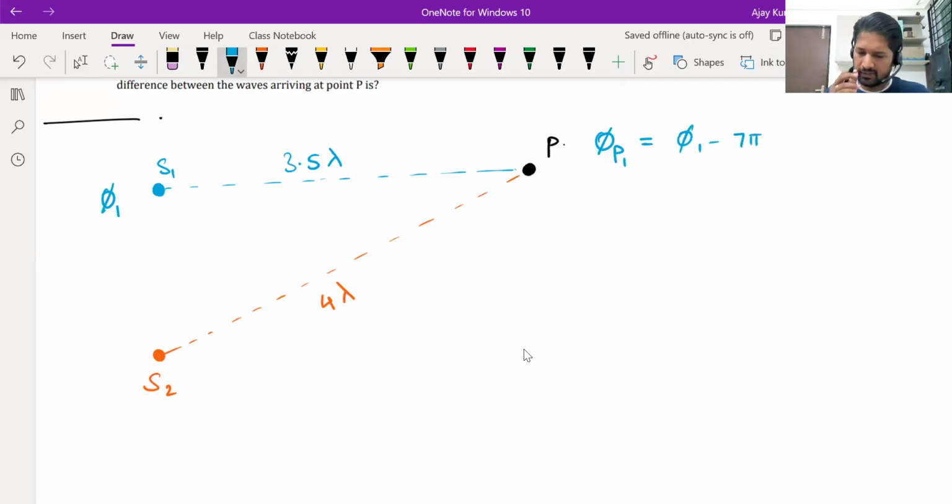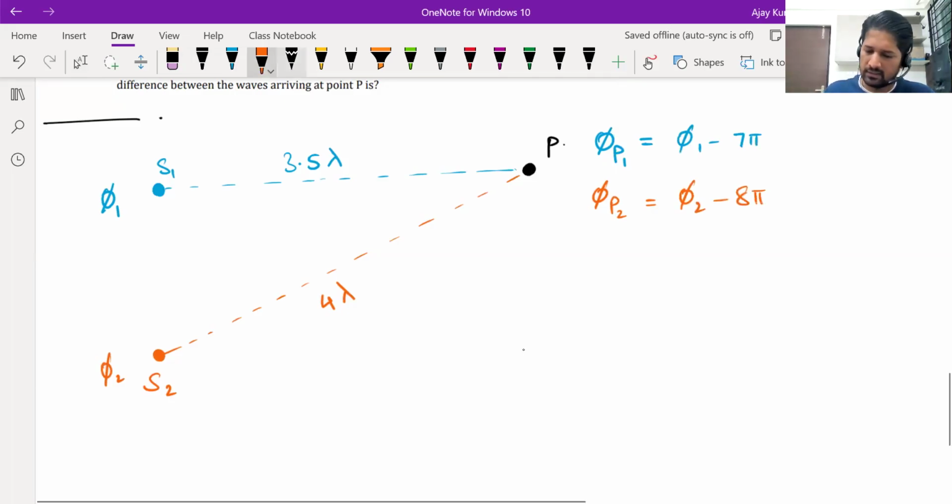What about the phase of the wave arriving there from S2? Suppose S2's own phase is phi 2. Based on that, phi 2 minus 8 pi. 4 wavelengths, so 8 pi. Then what is the difference in phase between the waves arriving from S1 and S2?